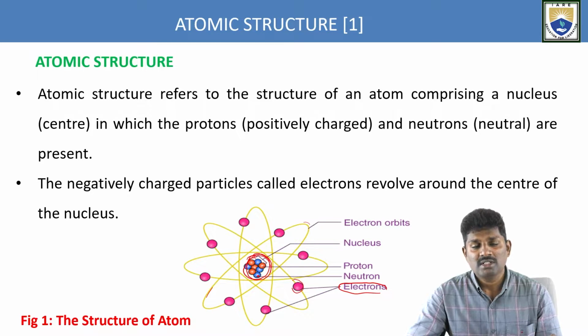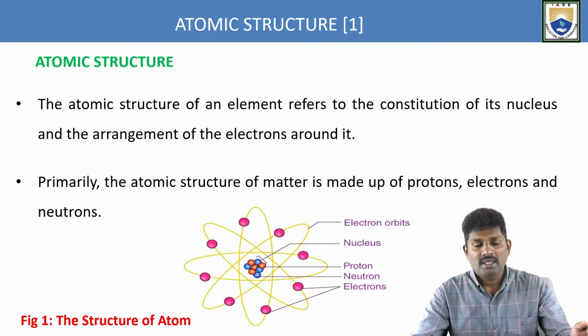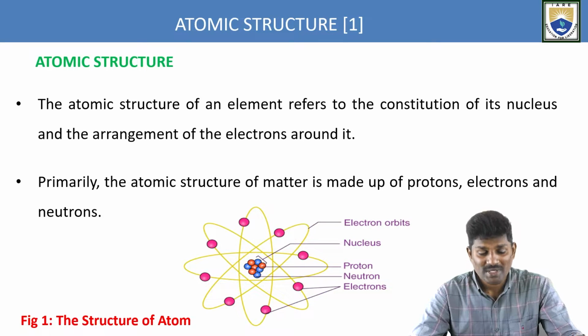The atomic structure refers to the structure of atoms containing protons as well as neutrons. The protons are positively charged and the neutrons are neutral, whereas the electrons are negatively charged. The atomic structure of an element refers to the constitution of its nucleus and the arrangement of electrons around it.